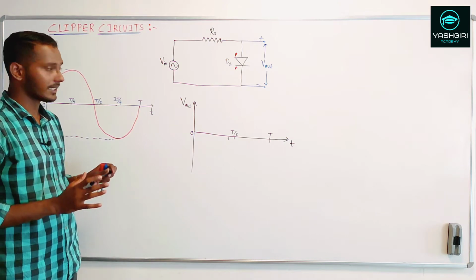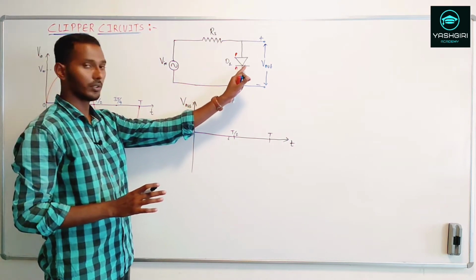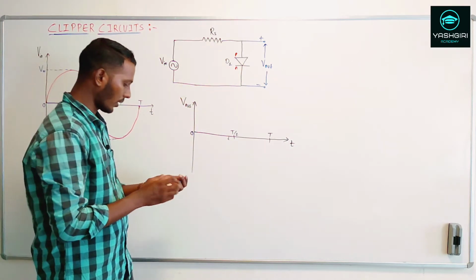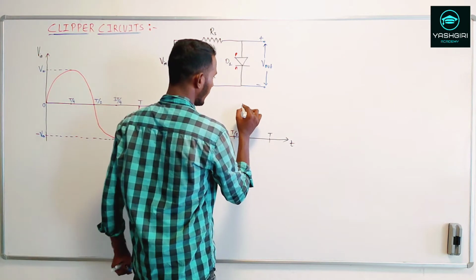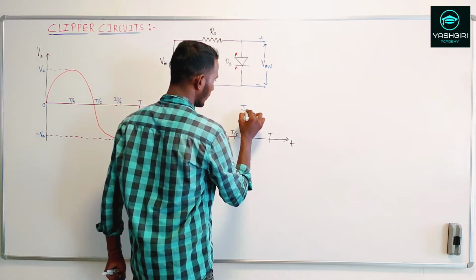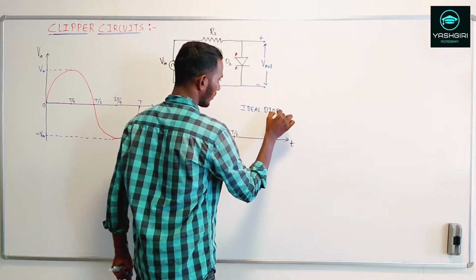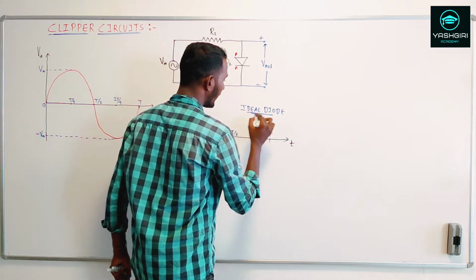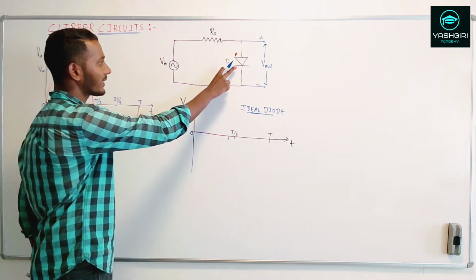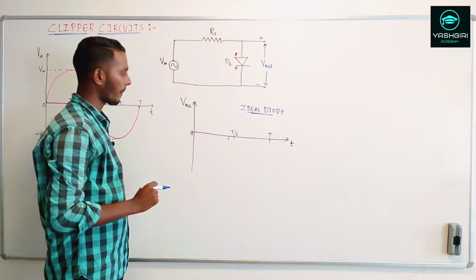Now let's consider the diode to be an ideal diode. So the graph I'm going to plot is for the ideal diode. In that case I'm neglecting the 0.7, which is the barrier potential of this diode.